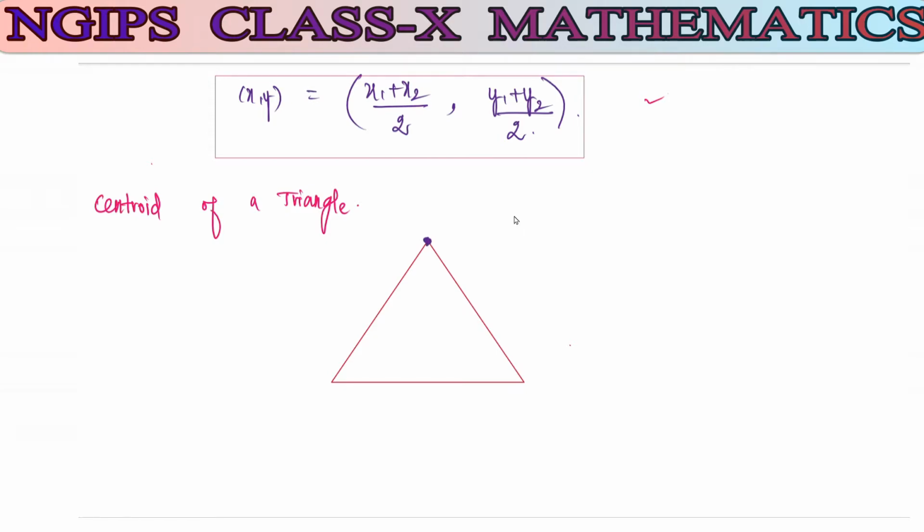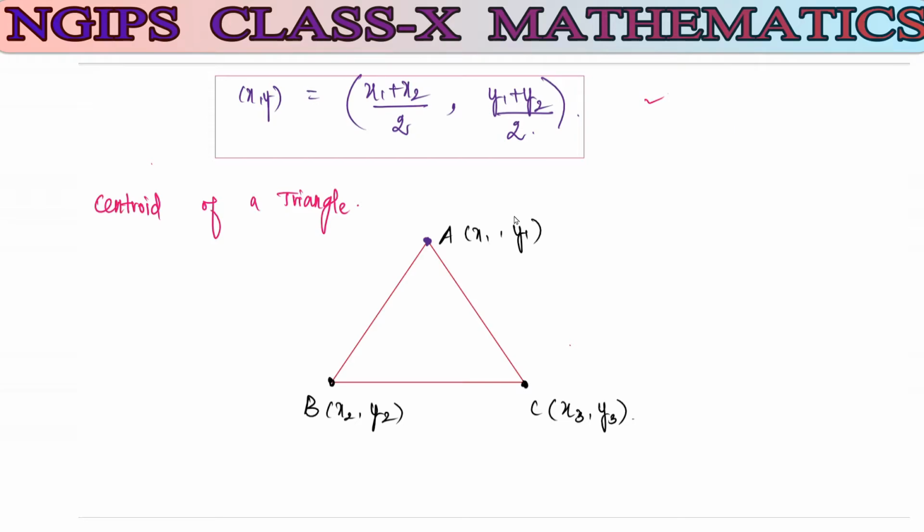This is the point A (x1, y1), the next is the point B (x2, y2), and the next point is C (x3, y3).